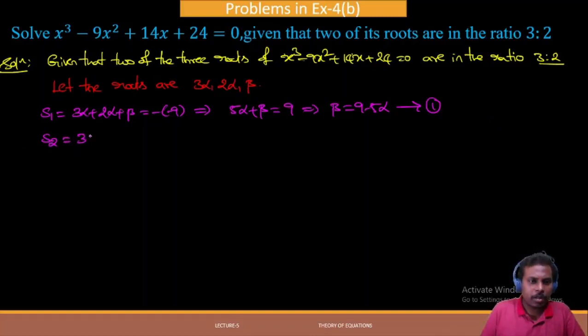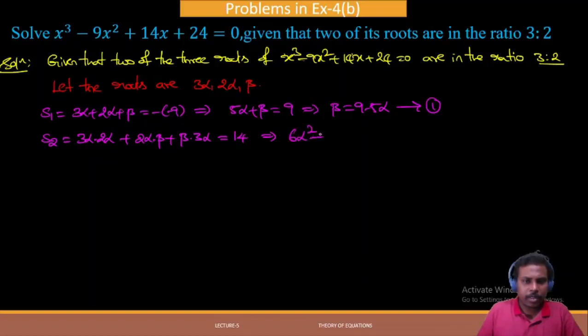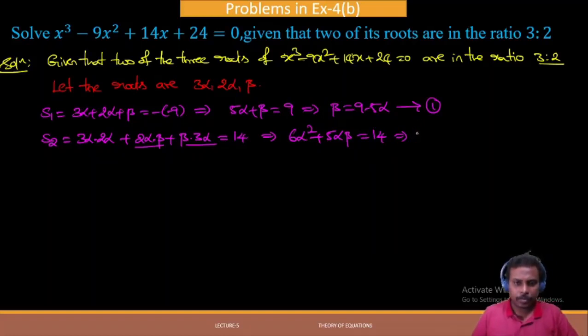S2 is 3 alpha into 2 alpha plus 2 alpha into beta plus beta into 3 alpha is equal to 14, which implies 6 alpha square plus 2 alpha beta plus 3 alpha beta, that is 5 alpha beta, is equal to 14, which implies 6 alpha square plus 5 alpha beta minus 14 is equal to 0. Call it equation 2.